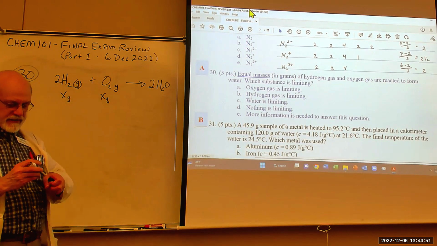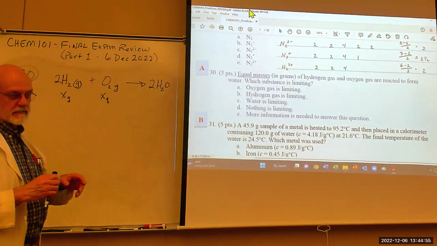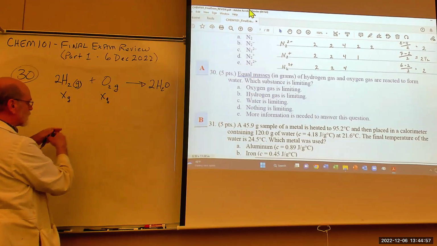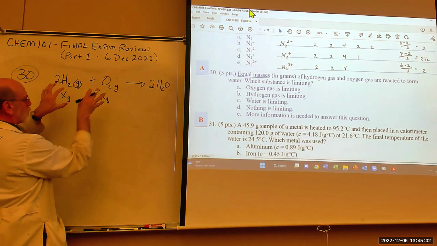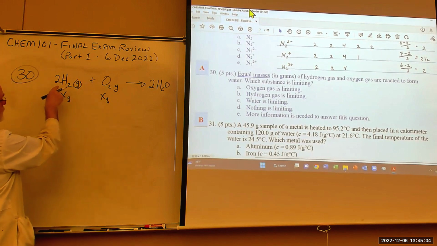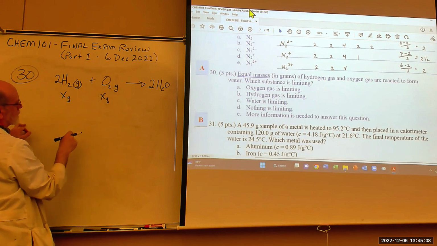Remember, if we're going to find limiting reactants, we've got to know how many moles. But they're both equal, so we don't actually have to know the value in order to find the molar ratio of these two. Well, the stoichiometric ratio is 2 hydrogens for every 1 oxygen.